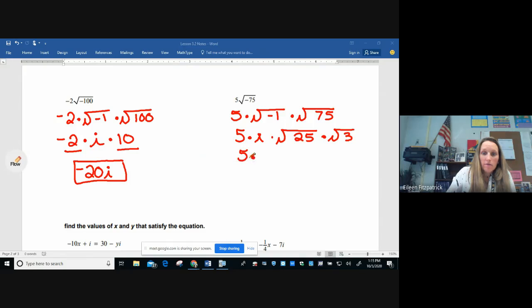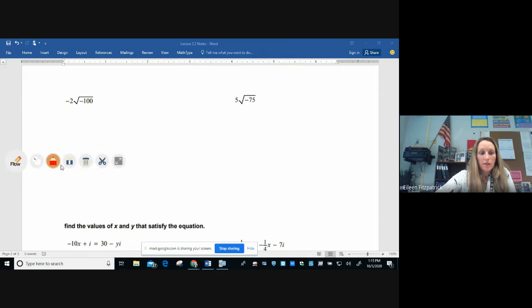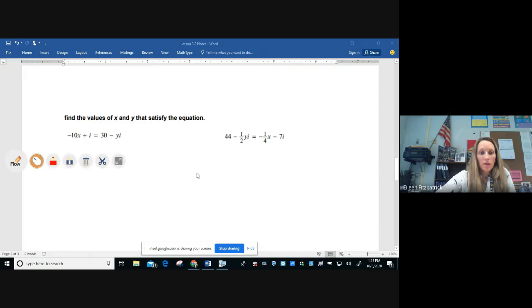And I have 5 times the square root of 25 is 5 times root 3. Multiply the 5's together to get 25i root 3. Okay. Erase and move on down.